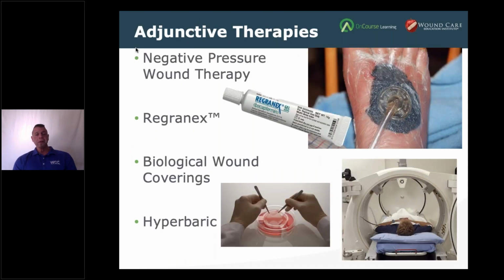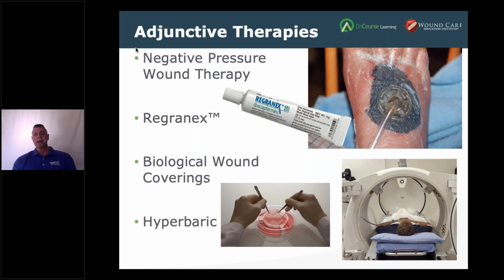Your adjunctive therapies include negative pressure, regranics, and biological wound coverings like skin substitutes, such as Apligraf, Dermagraft, AlloDerm, allograft, and hyperbarics. All are very helpful and useful adjunctive therapies as long as all the basics are in place.